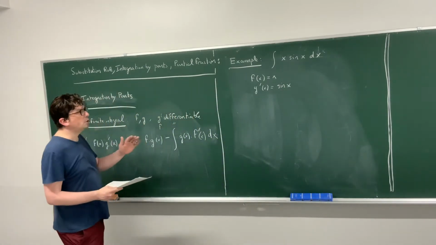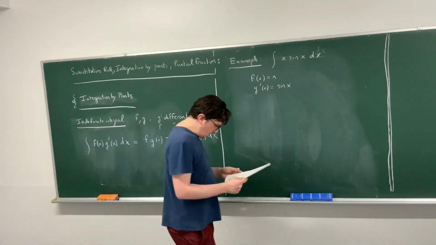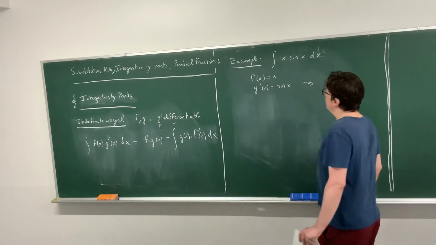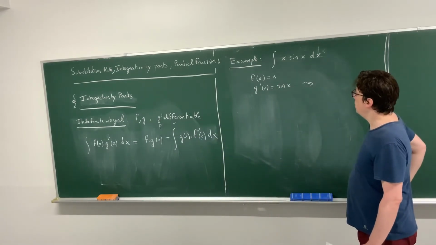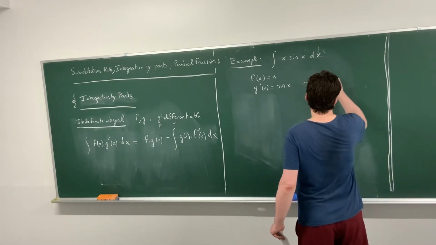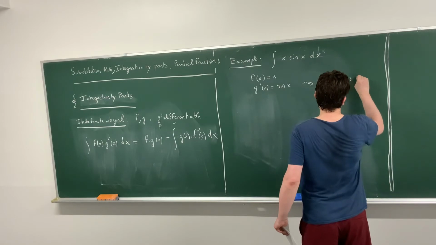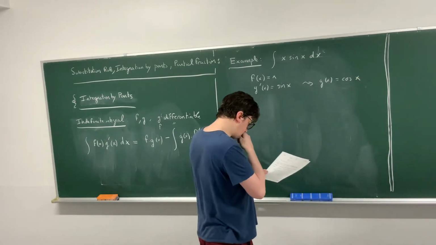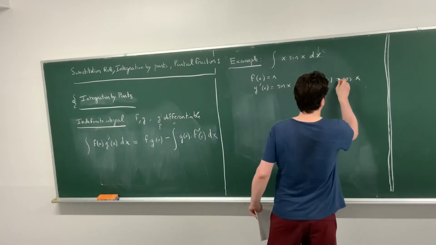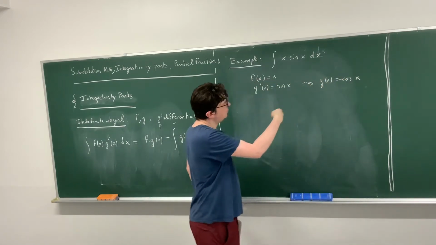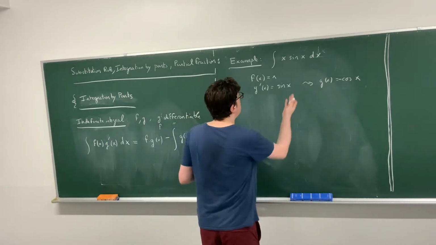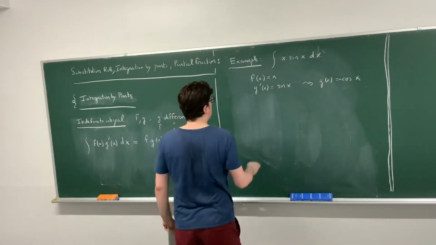But here I could really use both. If I do that, I know the antiderivative of sine x, so g will be minus cos of x, because when you derive g, you get another minus. So minus cos of x, and then you can use your formula here.